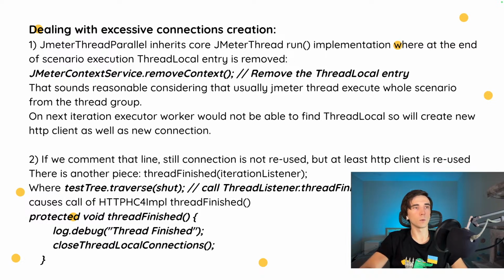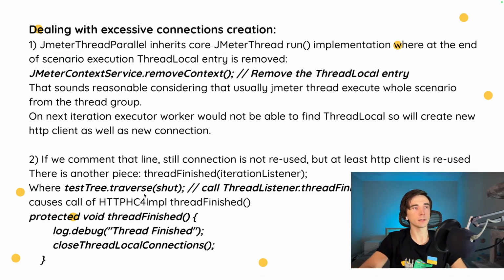Also, another one is called, like, if we comment the first line and run the test, we'll see that connections are not reused, because the HTTP client is reused, but something is forcing the connection to be closed.